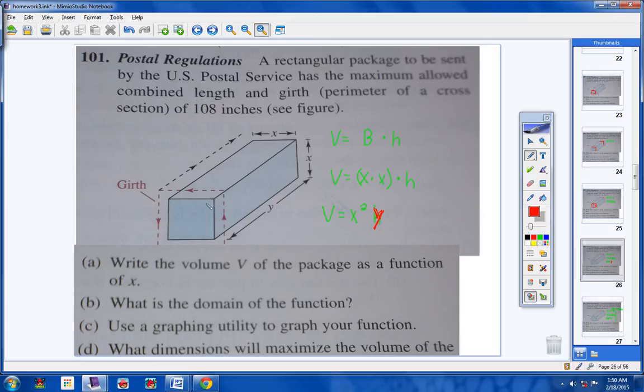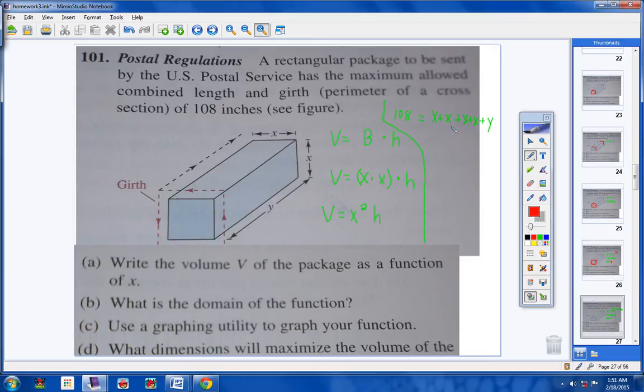Remember, if I take all of my sides, look, if I take the length, which is y, plus the girth, and the girth is the perimeter of the cross section. Remember, perimeter means the outside of something, okay? So the perimeter would be x plus x plus x plus x. So I have y plus x plus x plus x plus x.